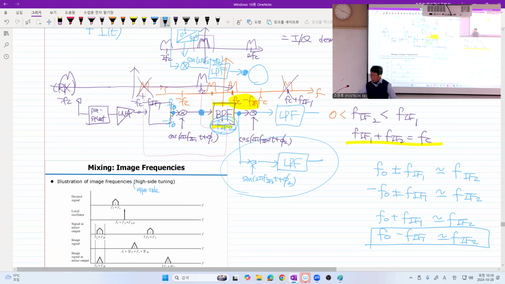This one says that some frequency component at F0 approximately equals FIF2 minus FIF1 may pass. Under this assumption, this value may be negative, but it doesn't matter because on the other side, we have the same thing.